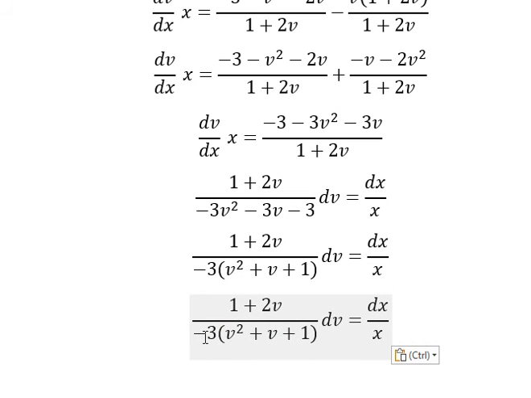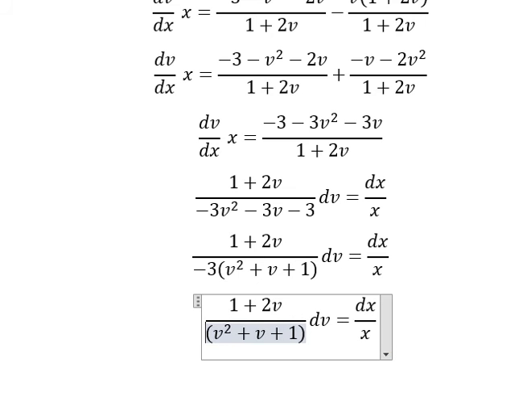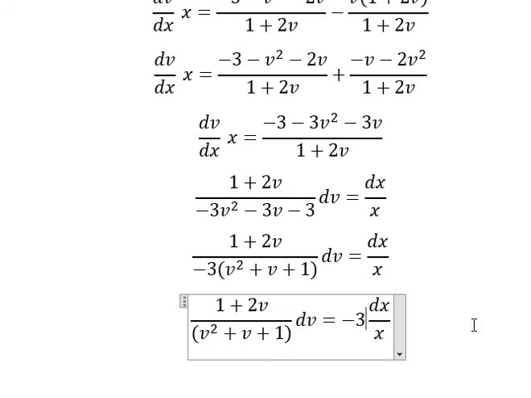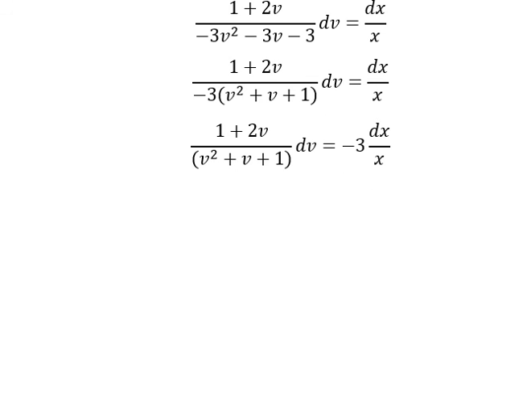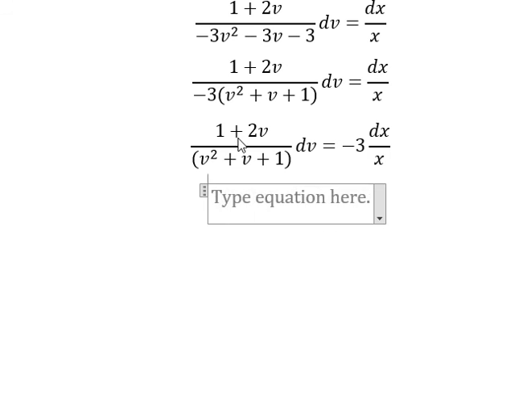So I will put negative number 3 go to the right. Next, I will put the integration for both sides.